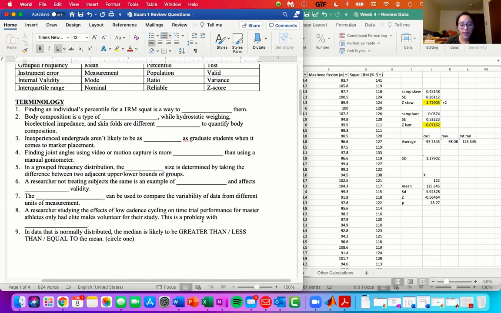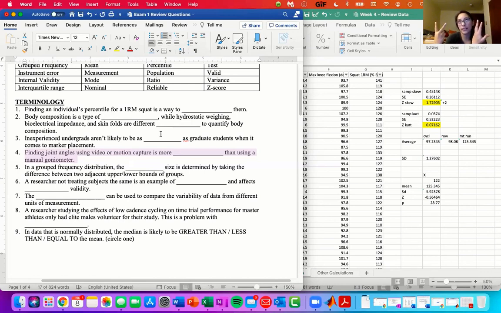I will say that number 3 and number 4 have 2 different possible answers. So when we're looking at this example, inexperienced undergrads aren't likely to be as blank as graduate students when it comes to marker placement. One may not be as reliable, and they also might not be as valid.